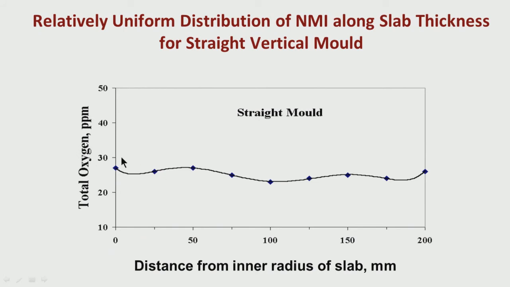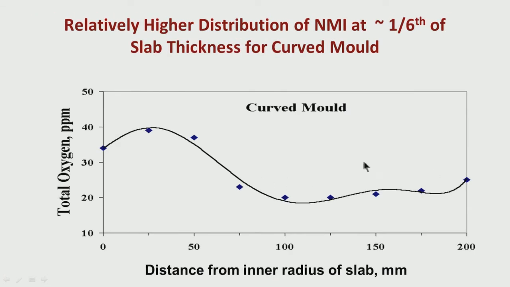If the level here is around 30 or 25, the remaining oxygen is present as oxide inclusions. So, total oxygen gives an indication of the oxide cleanliness. In both the cases, the average level of cleanliness is more or less the same, but here a certain area near the inner radius has more inclusions.